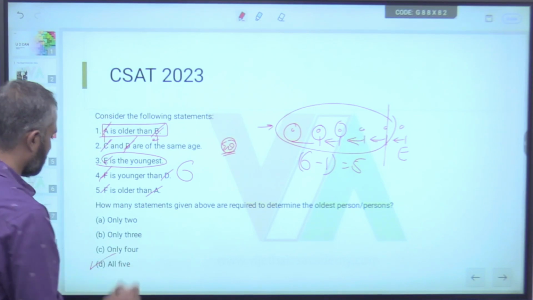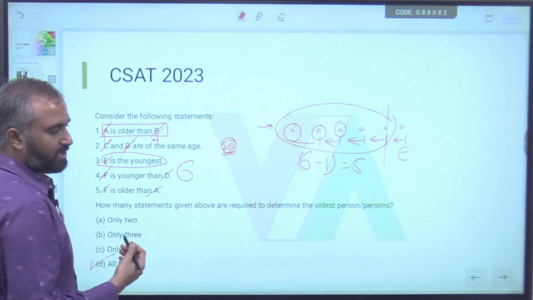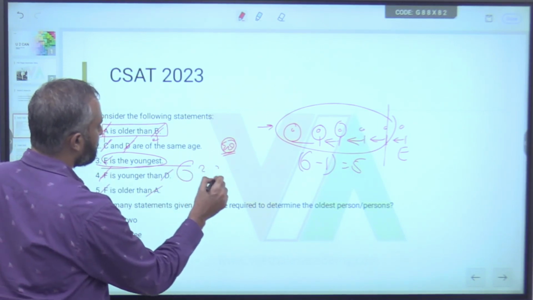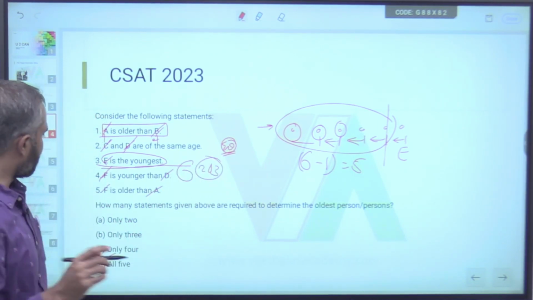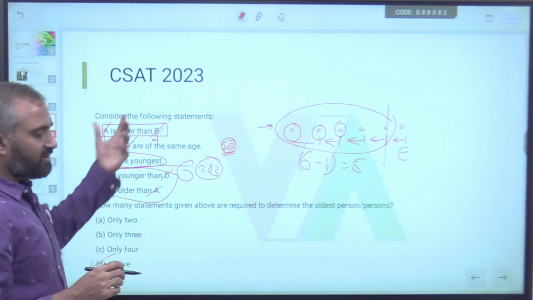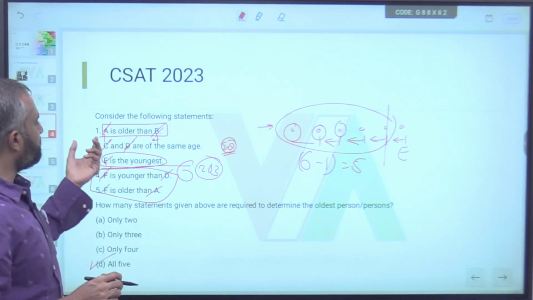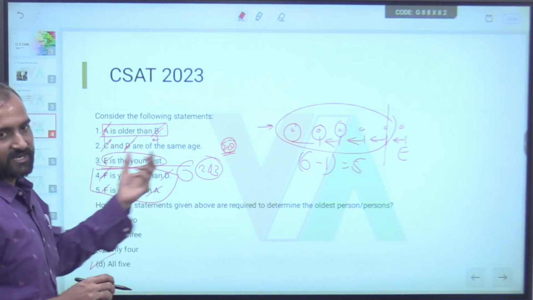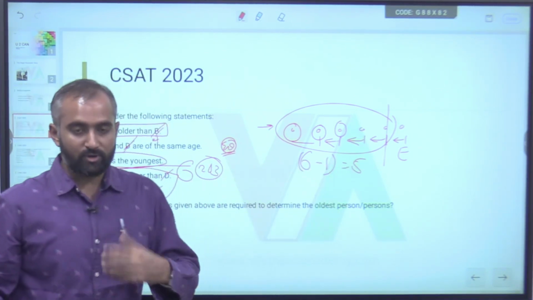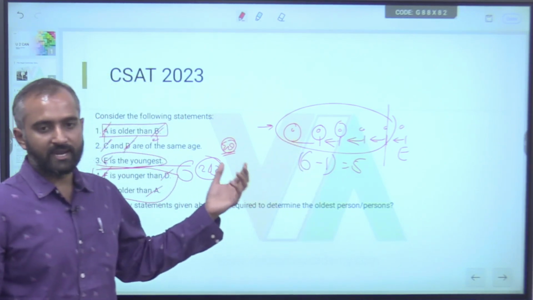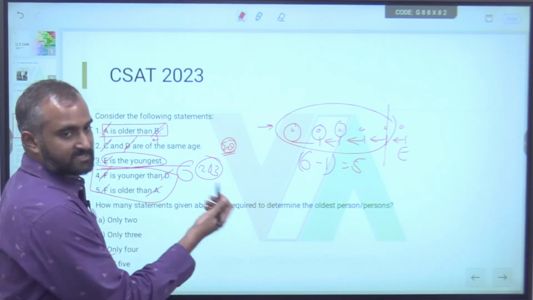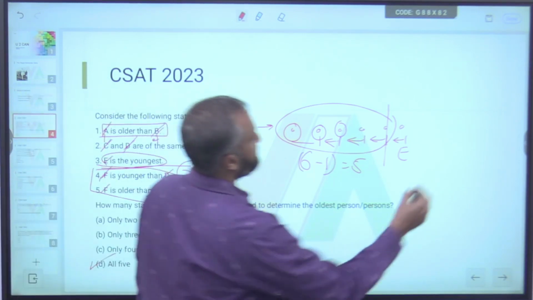Easily all 5. If one statement had 2 or 3 people compared in it, that would differ. Even if you take each statement and verify across them, knowing each position, it is good. But this is a better approach, a reproducible approach. Even next time you get any difficult problems like this, you can easily solve them. And not only reproducible, it is easy too. Okay. Next.